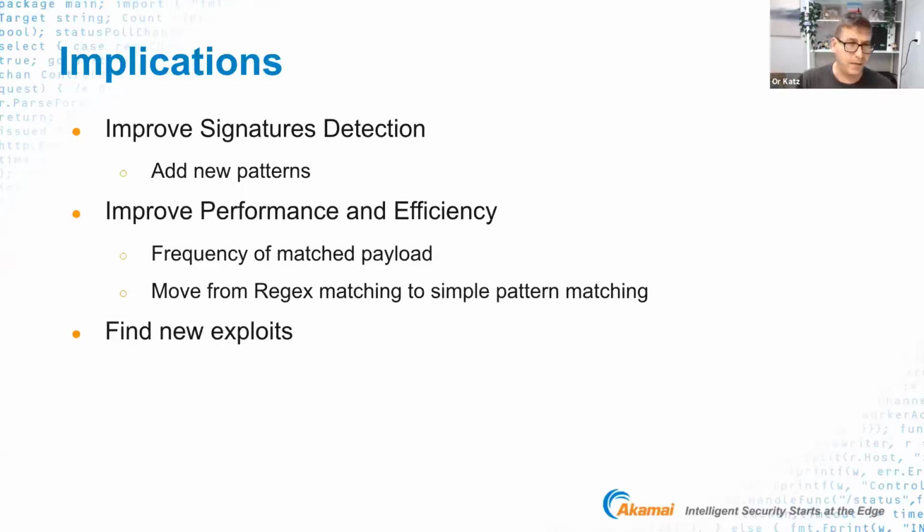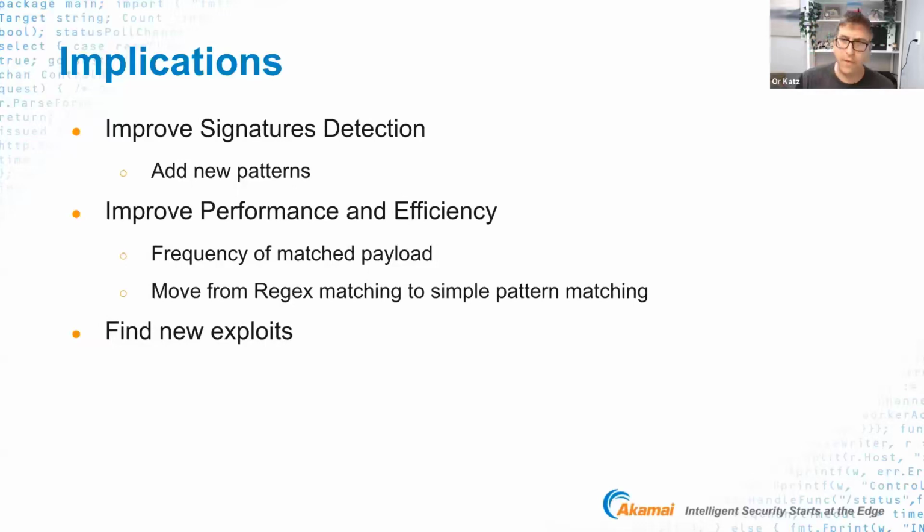The second part, and it's the most important one to the best of my knowledge, is improving performance and efficiency of signatures. So two use cases here. First of all, frequency of matching payload, right? We saw some frequency of the keywords that were used as part of the 500,000 payloads, for example, that we were able to see.